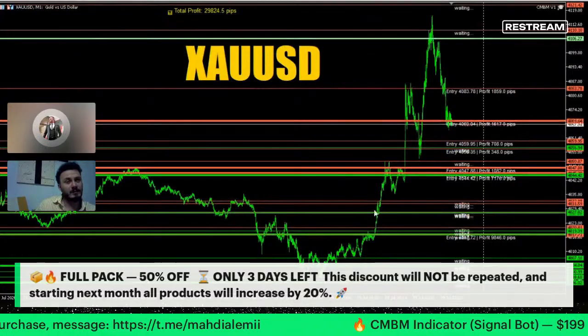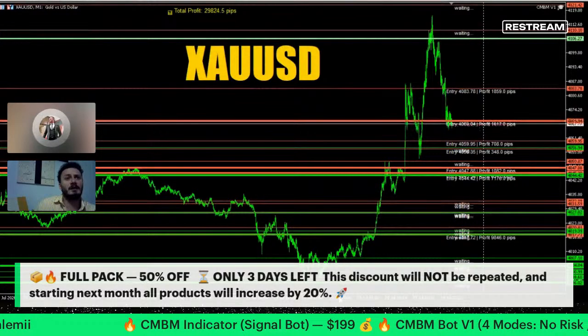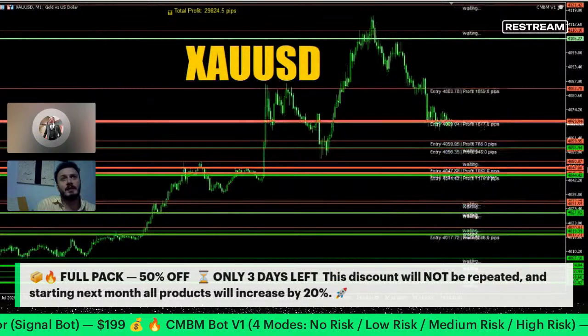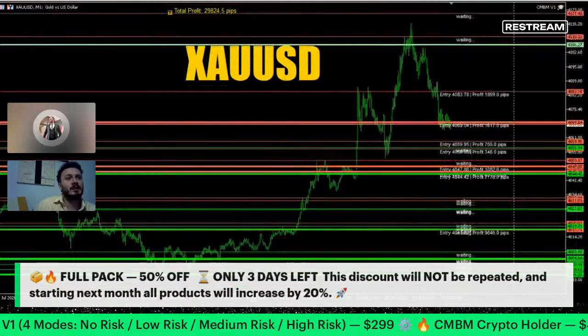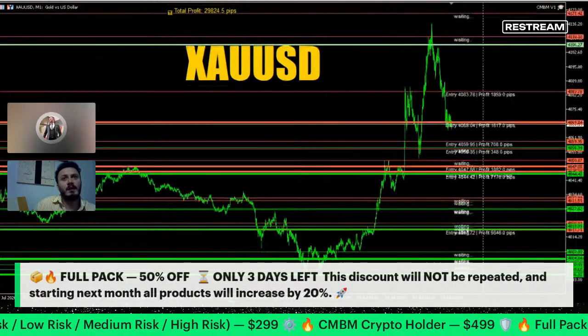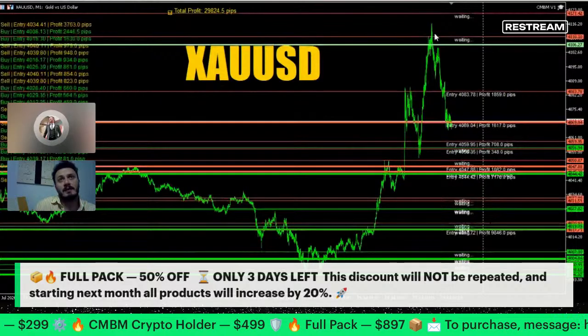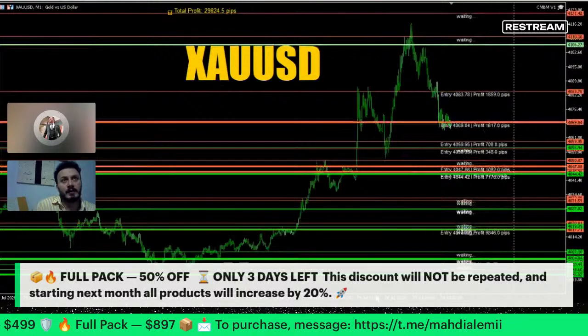We don't open a trade on all of these lines on low risk and medium risk. Today there were just 3 trades: one here, one here, and another at 4112. It's perfect. Just 3 safe trades today.